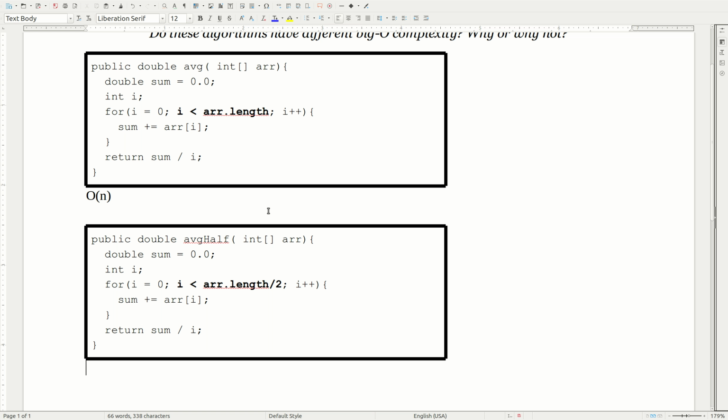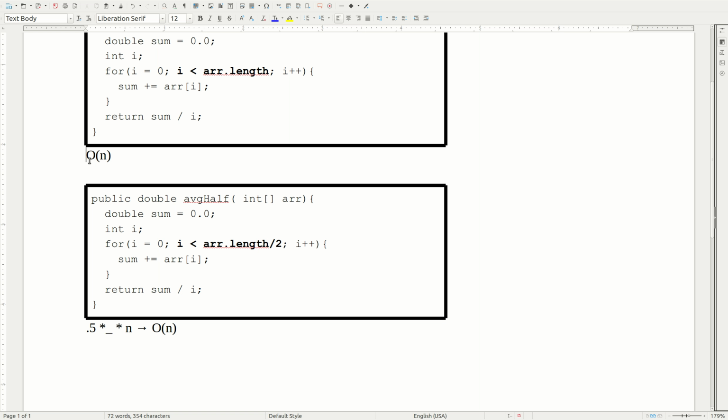It will be 1/2 something n, so something like 0.5 times something times n, which gives us O of n. And this one is just something times n, which also gives us O of n.